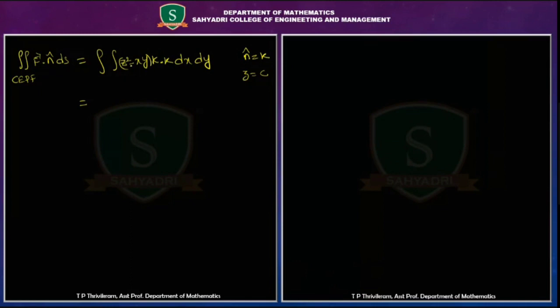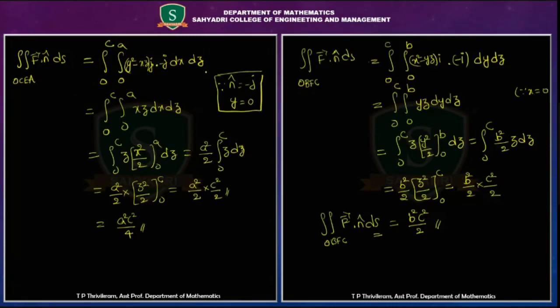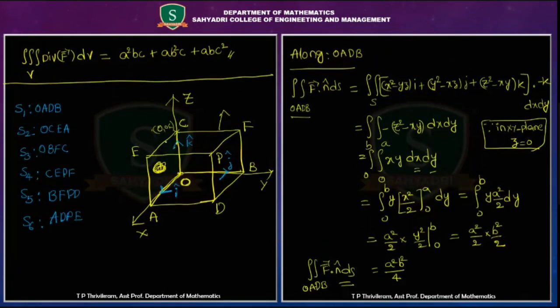So limits are from outer integral is for 0 to b, inner integral is for 0 to a. 0 to b. dx dy plane. How is it in dx dy plane? Dx dy means in which surface it is. This surface is coming on x and y axis. Not z and y.